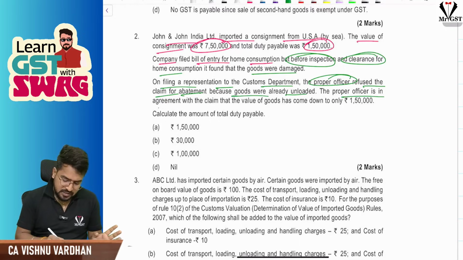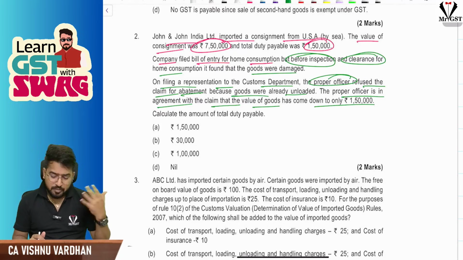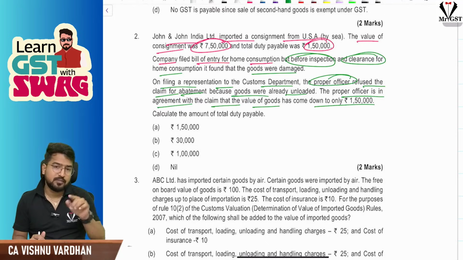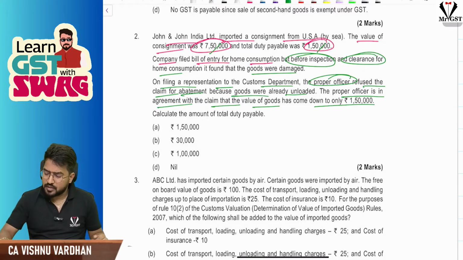The proper officer agrees that the value of the goods has come down to 1,50,000 only. Even though the goods are after unloading, if they are damaged before inspection, you can claim the abatement.